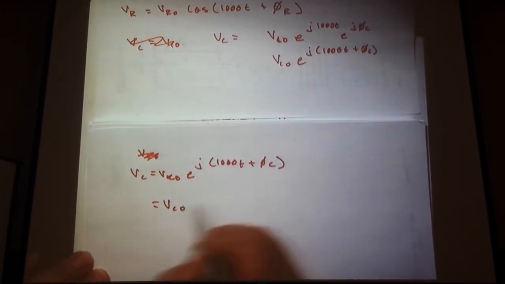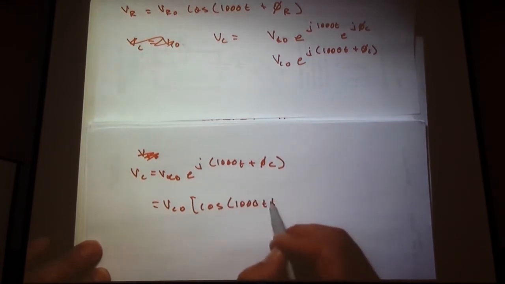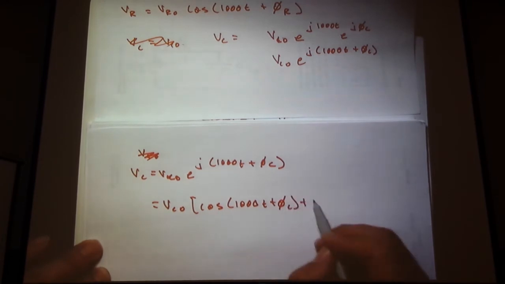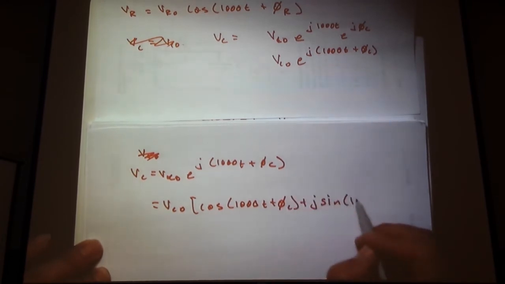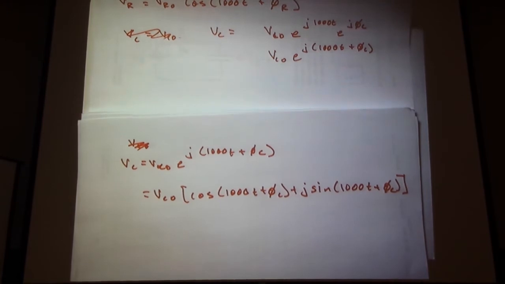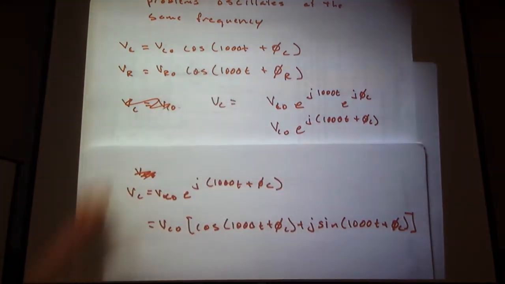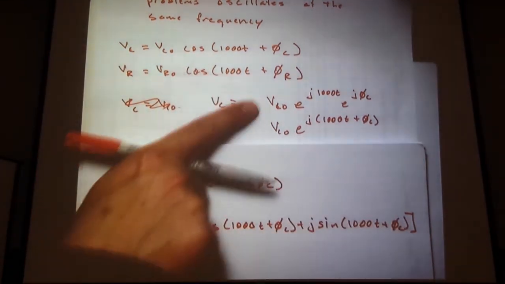Well, that's VC naught cosine 1,000t plus phi c plus j sine 1,000t plus phi c. Right? So that's Euler's law. We talked about that once before. Well, going back to our above expression, here's our imaginary arguments, and here's the cosine term. What's the relationship between these two?